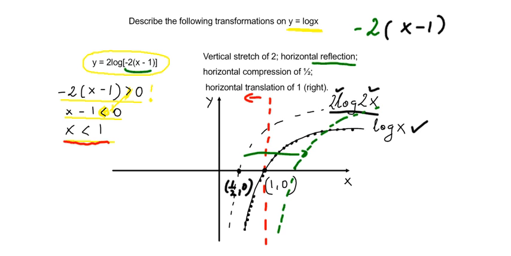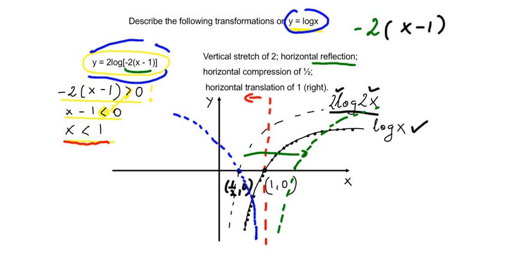So finally, the graph will be located on this side with respect to the vertical asymptote. So that will be the graph that defines the transformation from this into that one here.